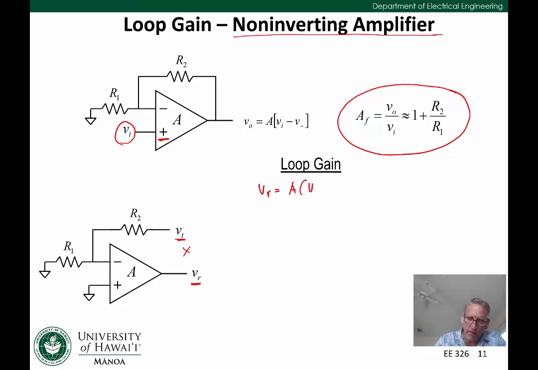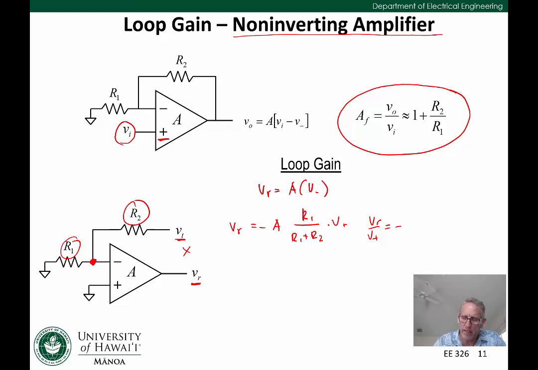So we can write that VR is equal to minus A times the voltage at the negative terminal. And what's that voltage? Well, that's just a resistive divider between R1 and R2, so it's R1 over R1 plus R2 times VT. Therefore, if we take VR over VT, it's equal to minus A times R1 over R1 plus R2.